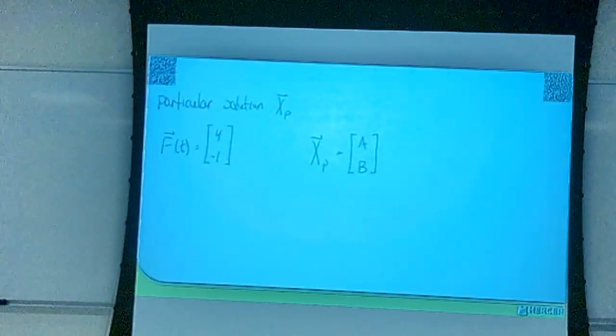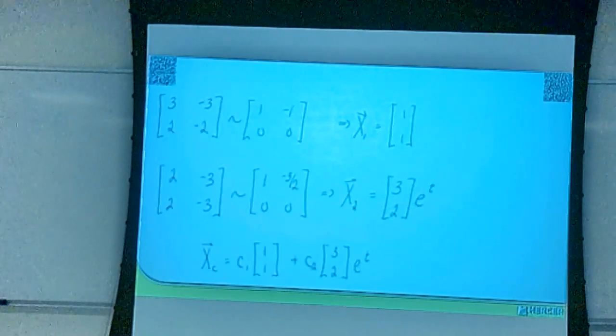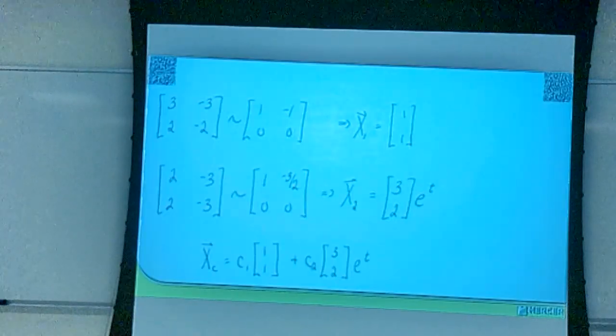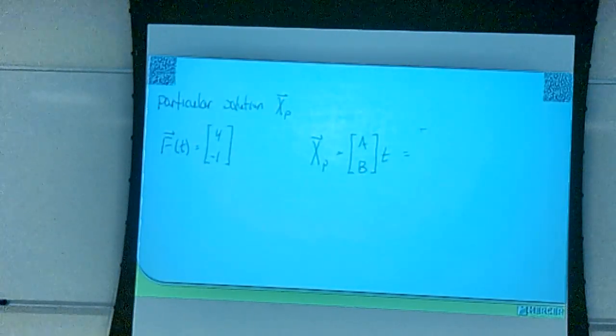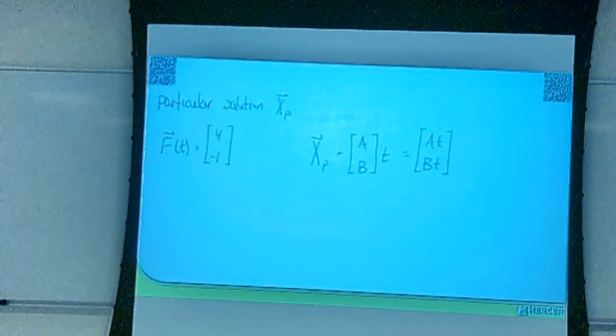That means that particular guess repeats. Multiply by t. Does a constant times t appear in your complementary? No. So we're going to take that to be our particular form.